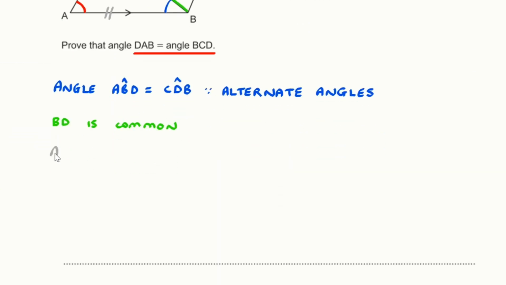So AB equals CD, and that was given. And so what we can conclude over here is we have side angle side, and therefore the triangles are congruent.